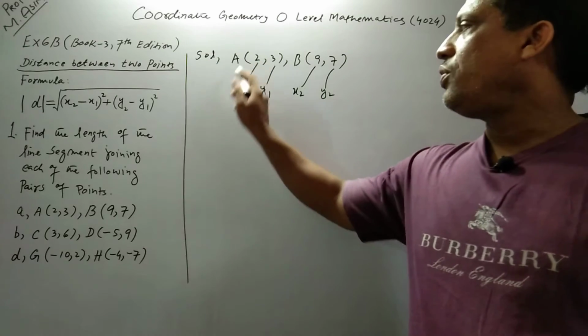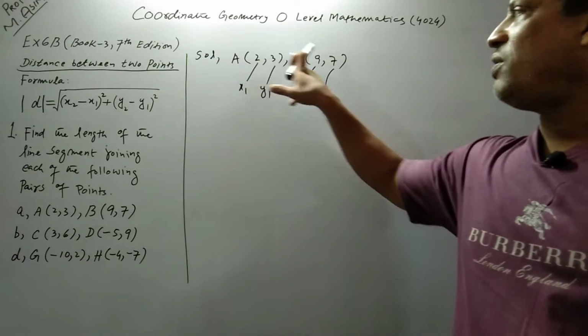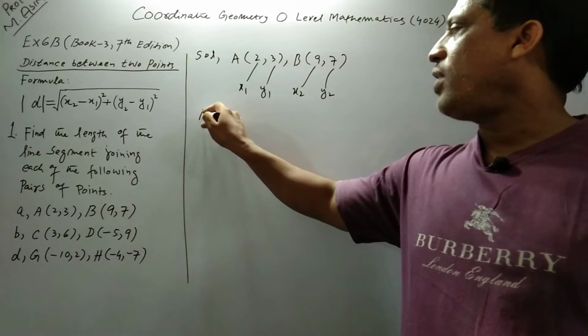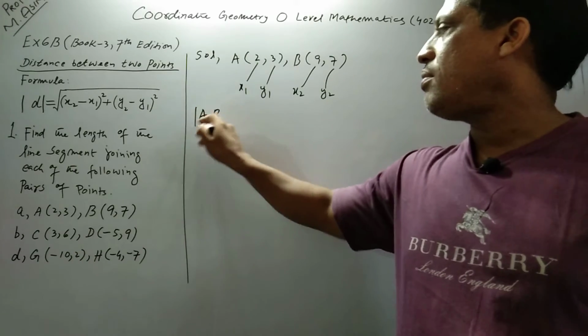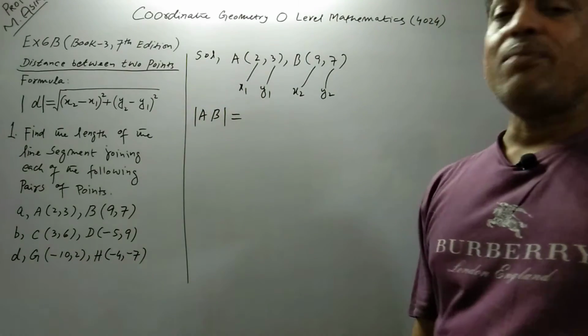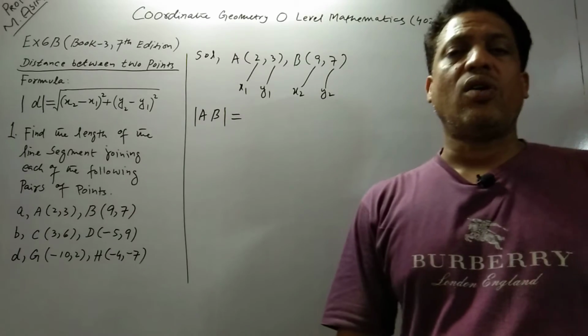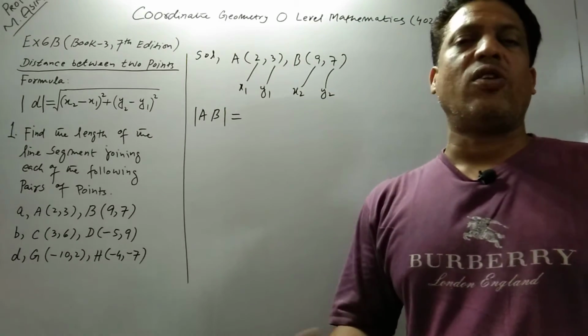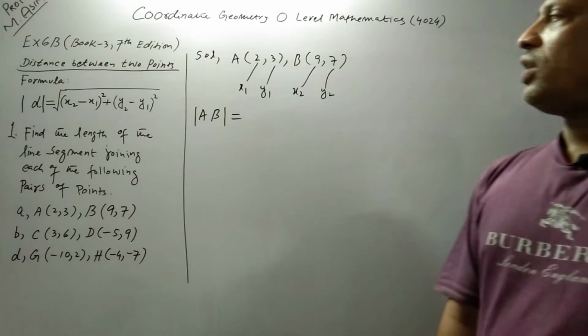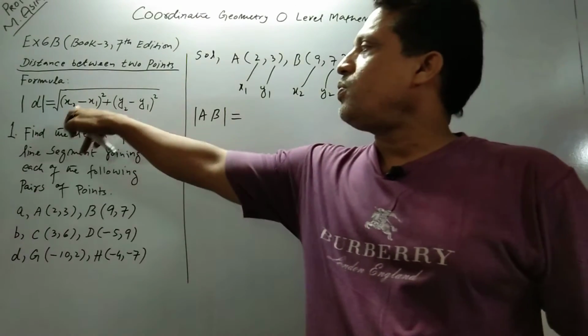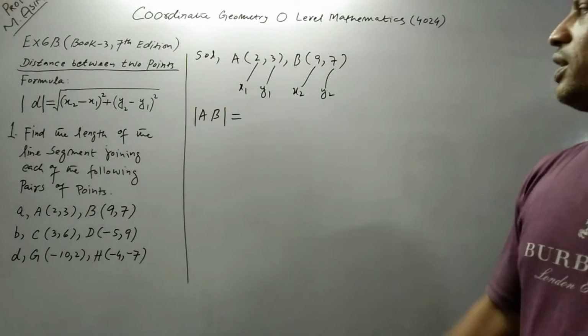So, solution: we have to find the distance between A and B, so we write modulus AB. Why modulus? Because distance is always positive. Distance cannot be negative. So what is the formula? x2 minus x1 whole square. What is x2?